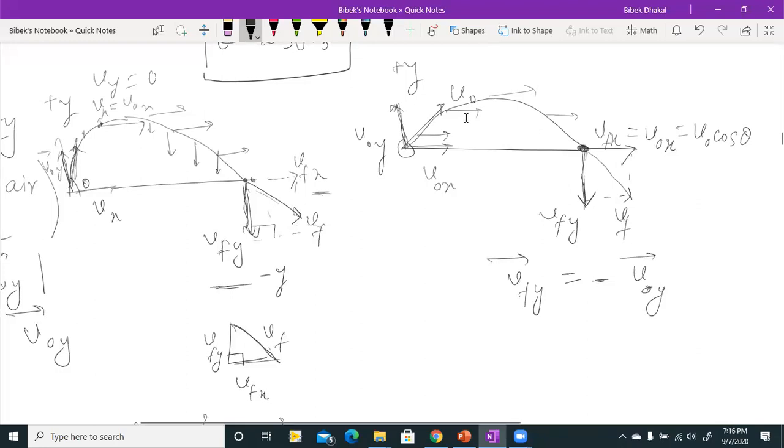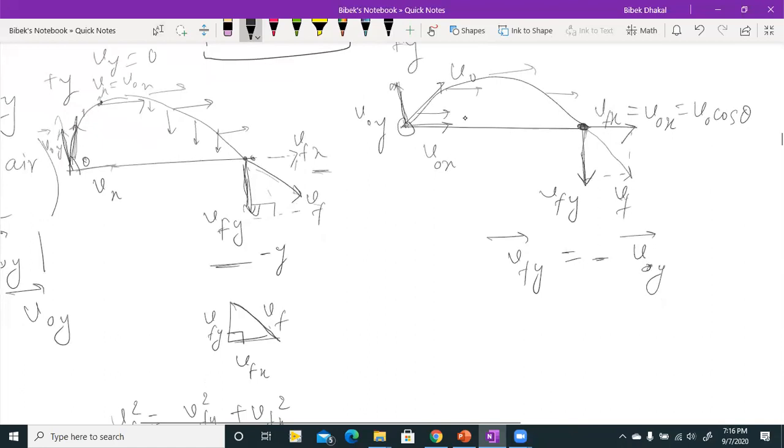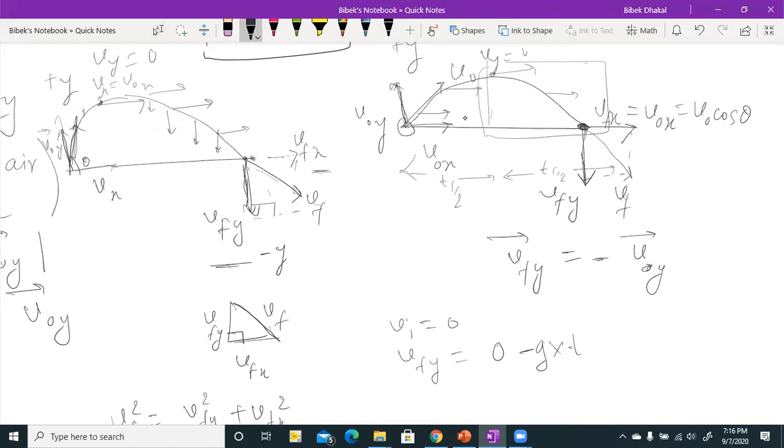And I can show you how to calculate this one as well, but I don't want to do it because they don't recommend it. If you take this time as t/2, and this time as another t/2, and we only look at this particular segment of time, then your initial velocity vy is 0, and your final velocity will be the initial velocity 0 minus g times t/2.